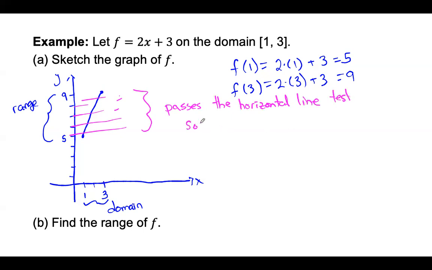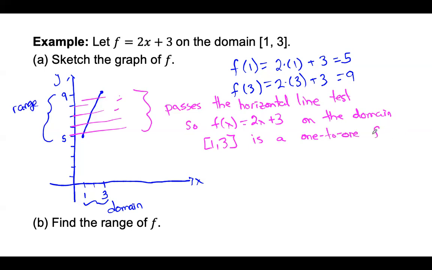So like this function, f of x equals 2x plus 3, on this particular domain, 1 to 3, is a one-to-one function. So it does have an inverse, is the point.